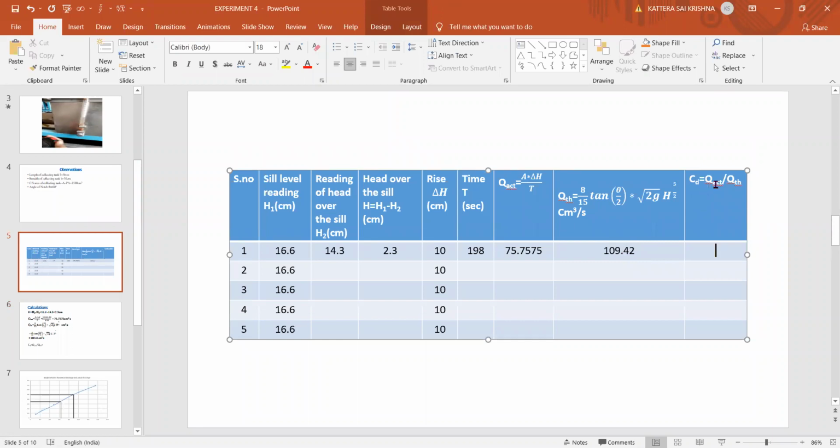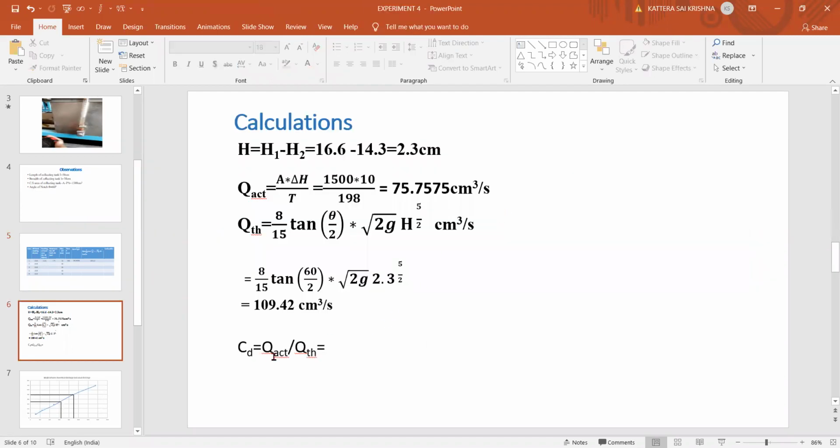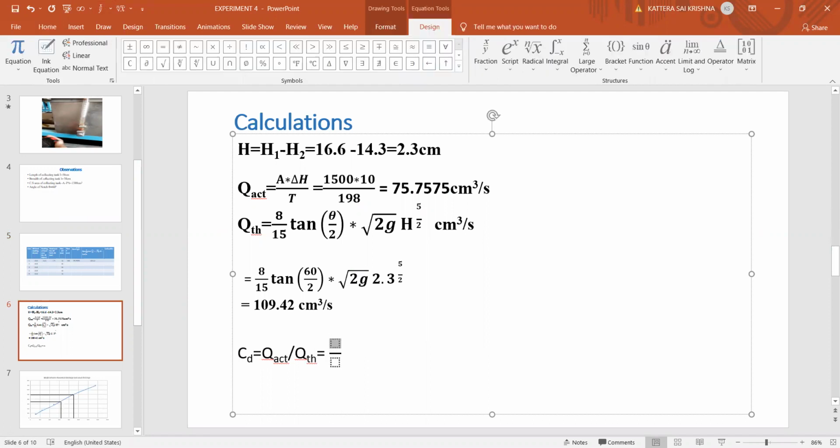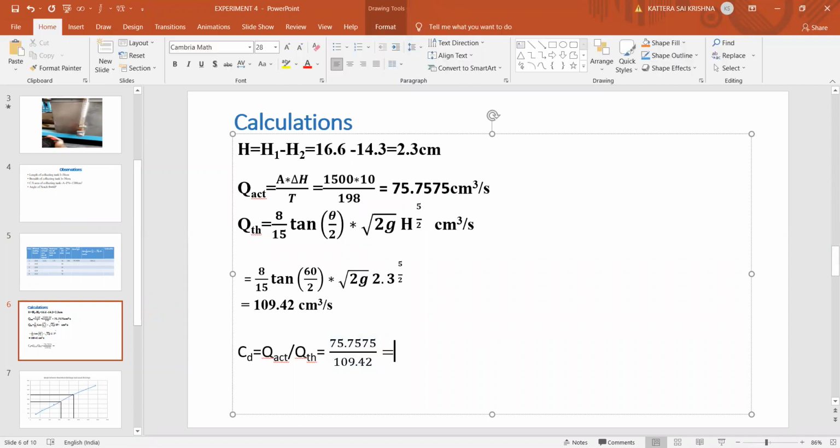So now we need to calculate the coefficient of discharge for this V notch. The coefficient of discharge is equal to Q actual by Q theoretical. So Q actual value 75.75 divided by 109.42. If you do this, you will get the value. 75.75 divided by 109.42 is equal to, you can tell me the value. 0.69.